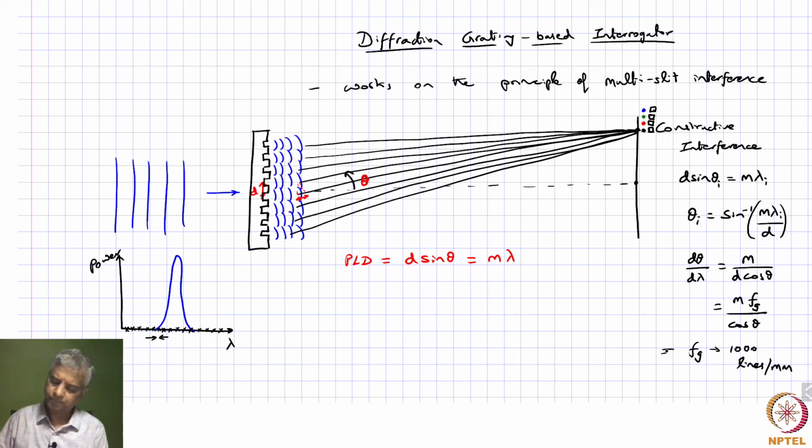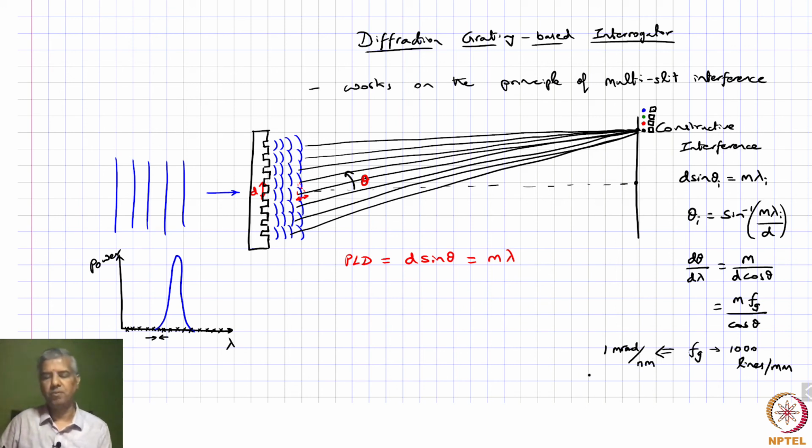And for this you typically have a resolution that is about 1 milliradian. That's the angular dispersion that corresponds to about 1 milliradian per nanometer.